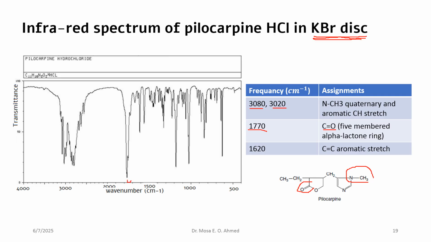This signal is for the carbonyl group present in the lactone. And the pi bond of the aromatic stretch occurs in the region of 1620, close to the carbonyl area.